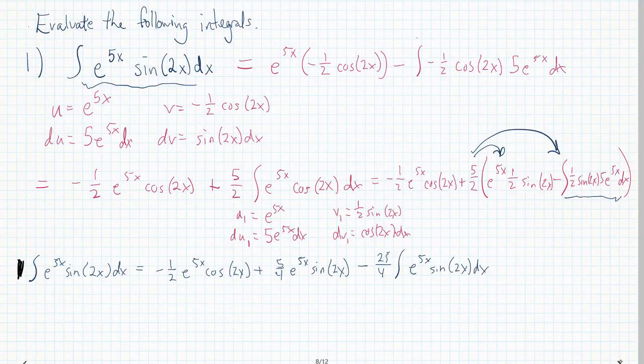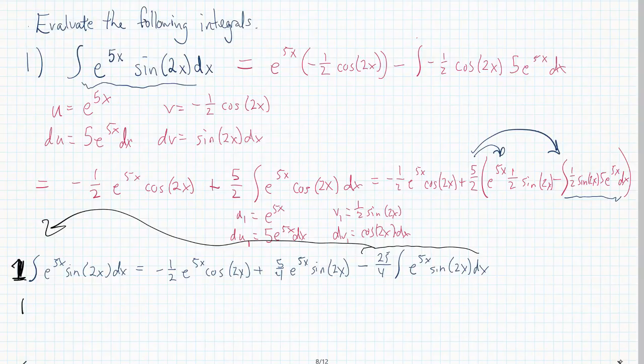So notice now, making a minor change, I'm going to put this in black. You have one of these over on the left hand side, and you have negative 25 over 4 of those on the right hand side. So what we can do is add this whole amount over to the other side. Of those e to the 5x sine of 2x integrals, you get 1 plus 25 over 4 times the integral e to the 5x sine of 2x dx.